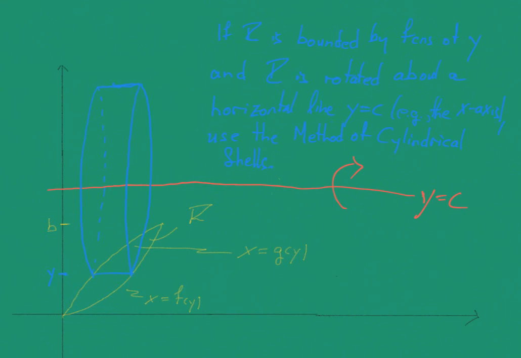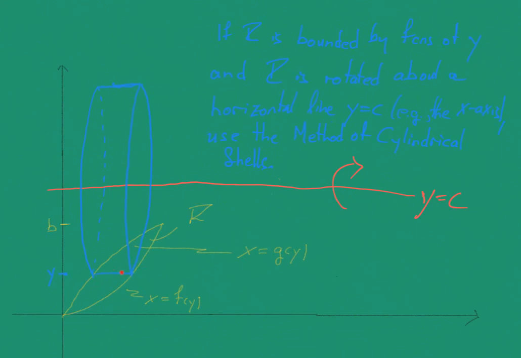I would just remember that if R is described in terms of functions of y, I should take all points y corresponding to points in R, in this case y between 0 and b, and form the horizontal line segment in R at y.